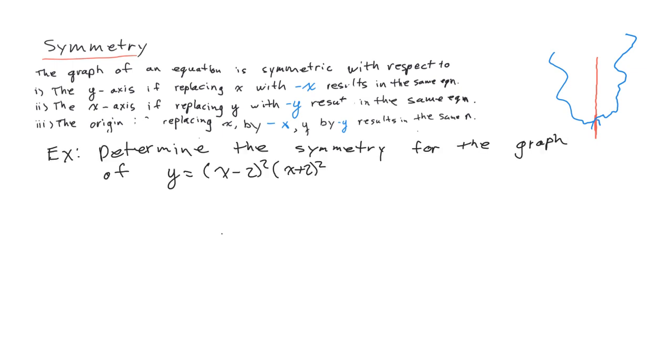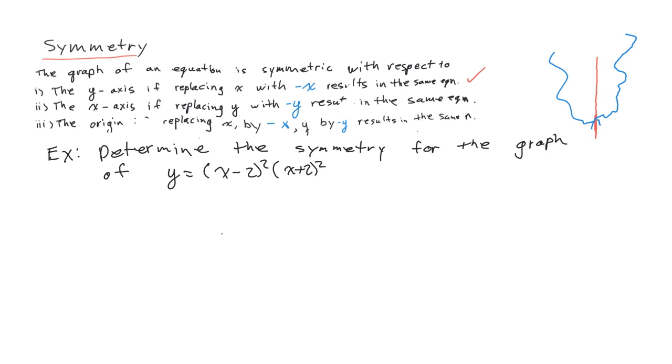Okay, so let's determine the symmetries for the graph y is equal to (x minus 2) squared times (x plus 2) squared. So let's go and do the first type that we have here. So let's take a look at this one, okay?